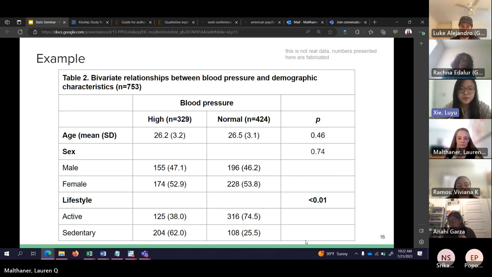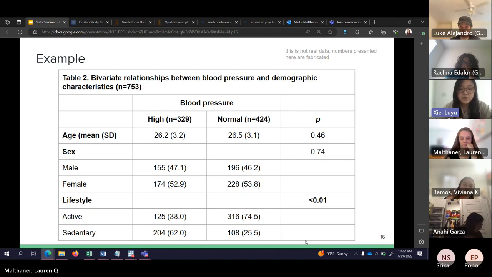As you can tell from the numbers, they're very, very similar, differing by 0.3 years. So the p-value was not significant, it's 0.46. Similarly for sex, you can see the percentages in the two blood pressure groups of the sex groups are very, very similar. So the p-value is also greater than 0.05.